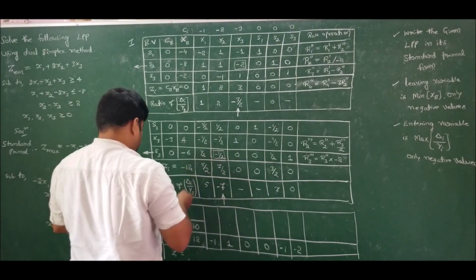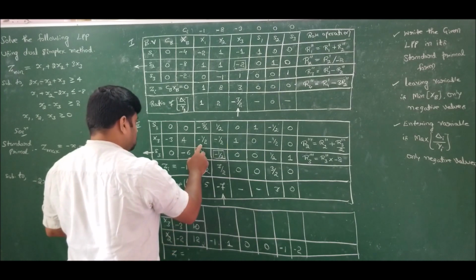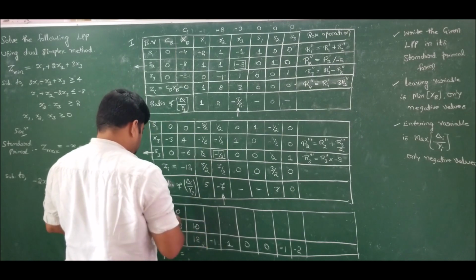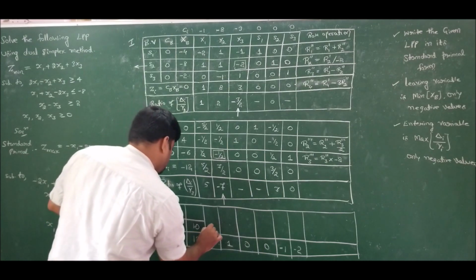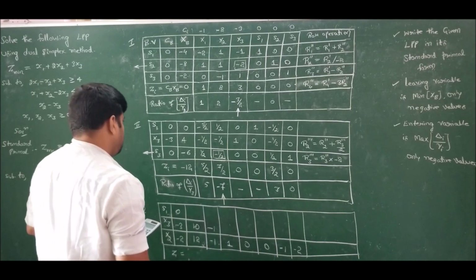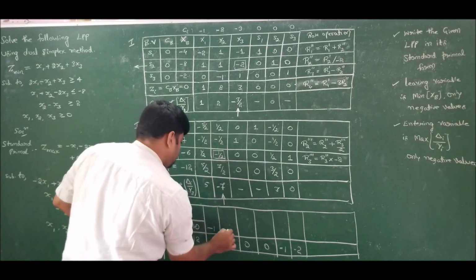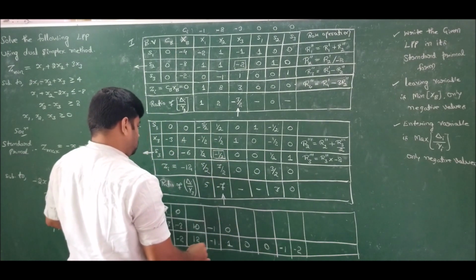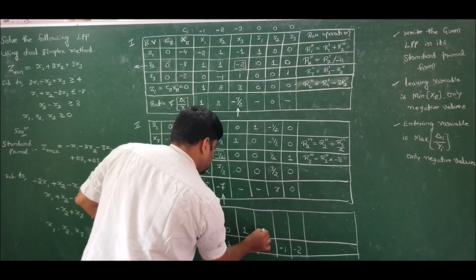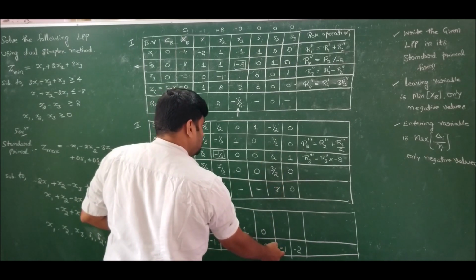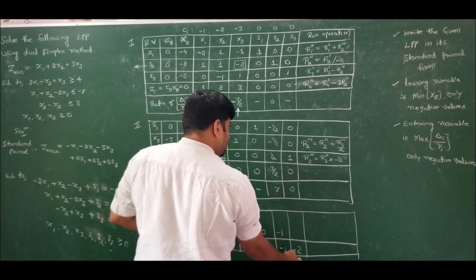Next, here we have -half plus -1 by 2, that is -1. Next we have -half plus half will become 0. Here I have 1, here I have 0, it will be 1, it will be 0. Here I have -half, here I have -half, it will become -1. Here I have 0, here I have -2, -1.